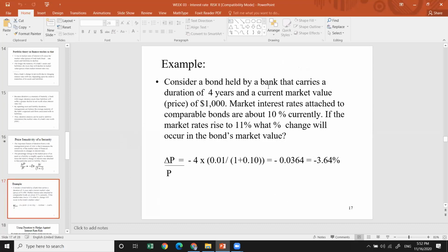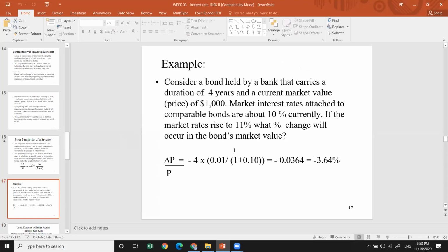So consider the bonds held by a bank that carry a duration of 4 years and a current market value of $1,000. The market interest rate attached to comparable bonds is about 10% currently. If the market rate increases to 11%, what change will occur in the bond market value?